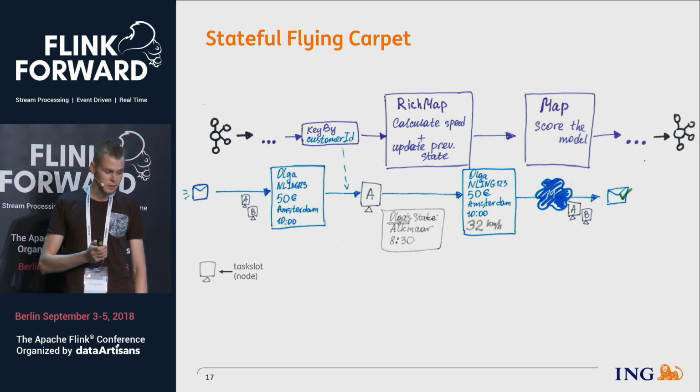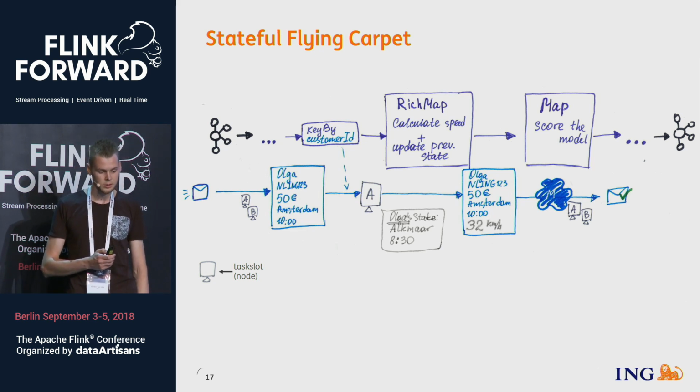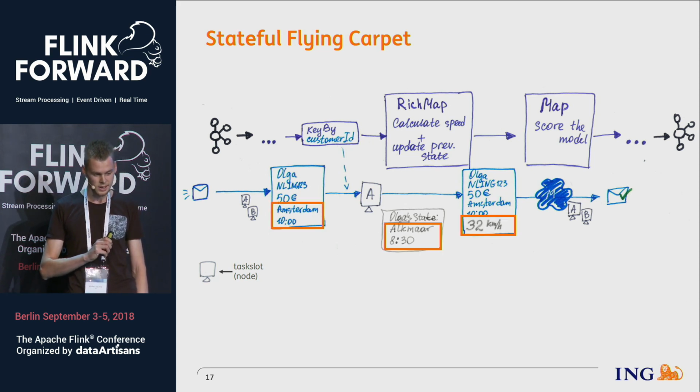In this case, suppose Olga does a PIN transaction. The event comes in either node, we don't really care which node, and after it's keyed by customer ID, it will end up at one particular node, which is responsible for keeping Olga's state. From the state, it can see that Olga did the PIN transaction at 8:30 in Alkmaar.